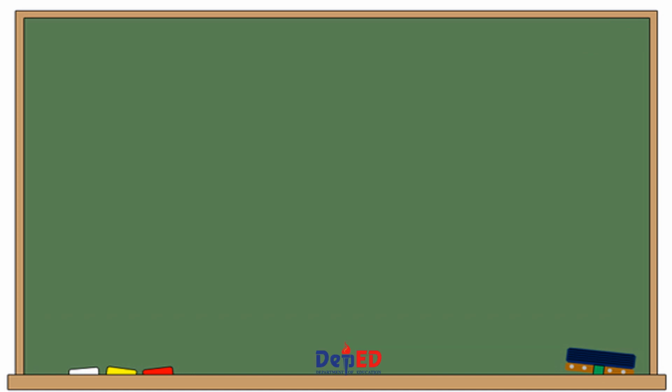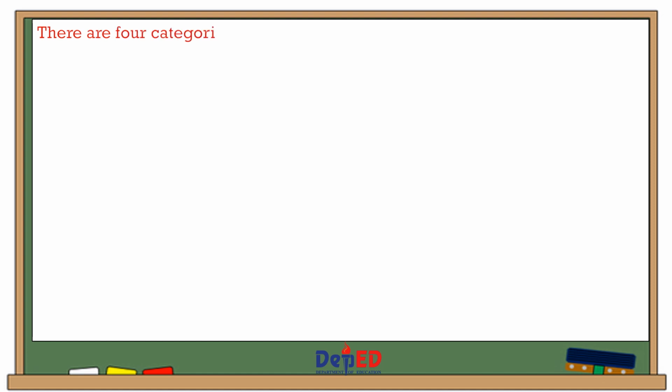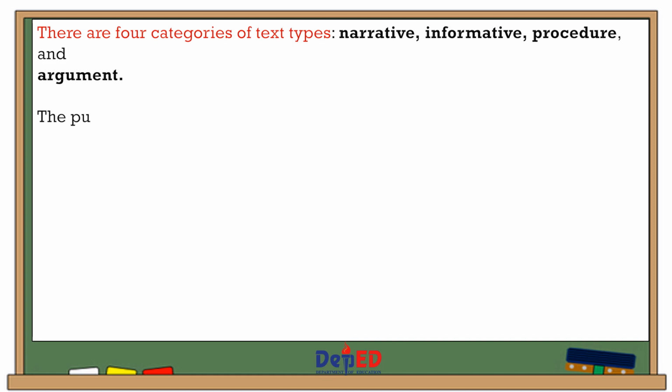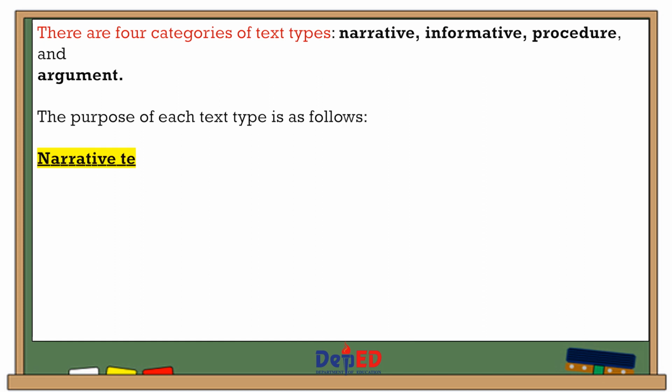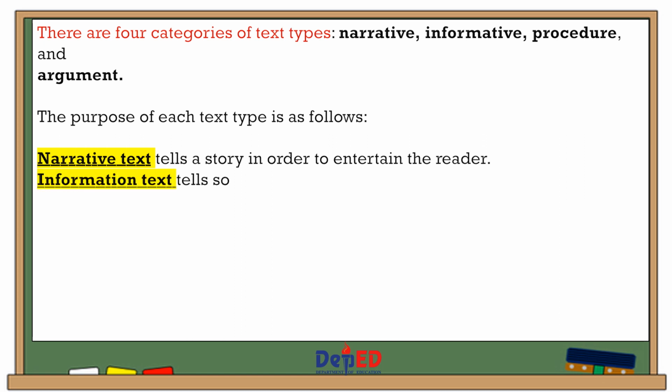Again, there are 4 categories of text types: narrative, informative, procedure, and argument. The purpose of each text type is as follows. Narrative text tells a story in order to entertain the reader.